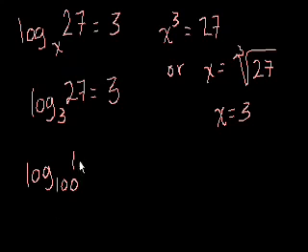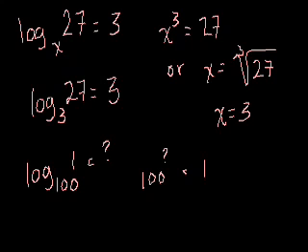This is a trick problem. So once again, let's say that's equal to question mark. So remember, this is log base 100 of 1. So this says 100 to the question mark power is equal to 1. Well, if we have any number and we raise it to what power do we get 1?